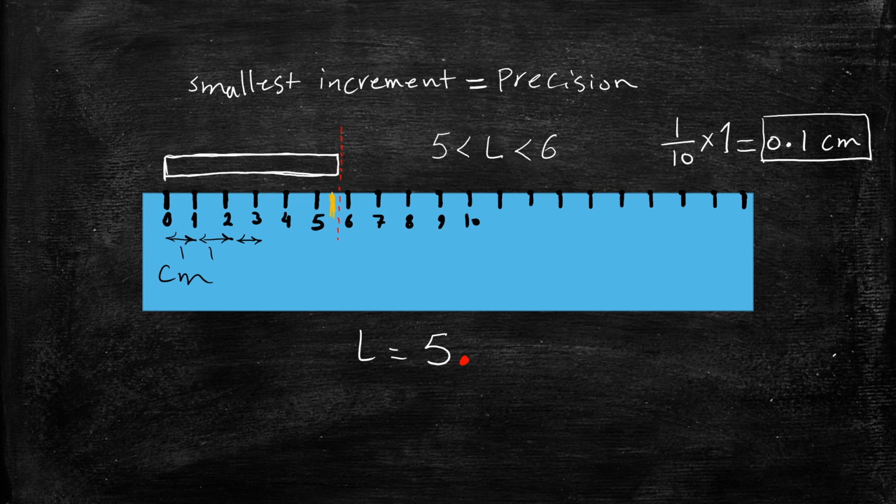So I'm going to estimate it as something like 5.7. That's my estimation. You could say, no, I disagree with you. It's 5.6. That's also okay because it's purely estimation and we have already surpassed the precision of our measurement tool.